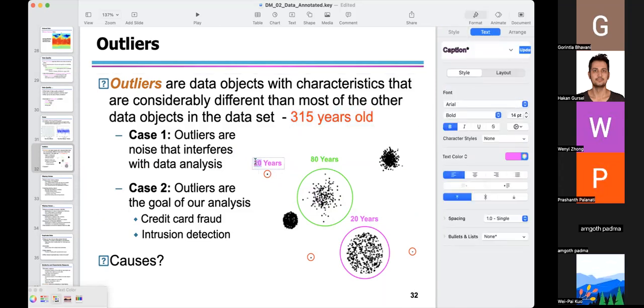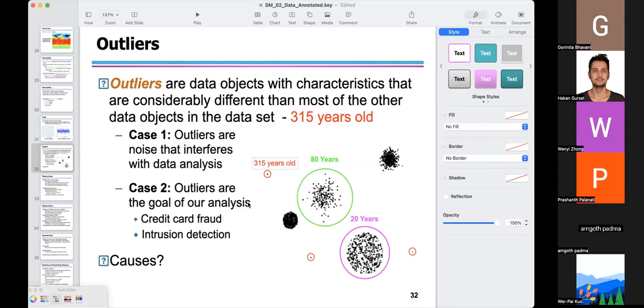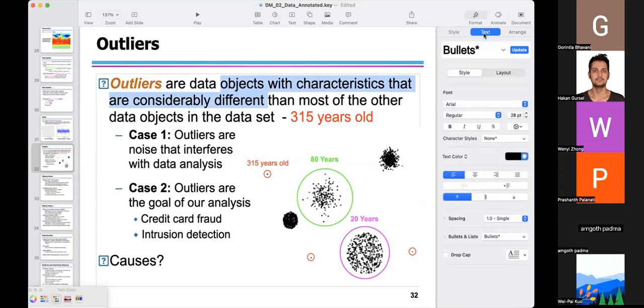It's called an outlier. If the guy is 315 years old, that's an outlier. So these are objects with characteristics that are considerably different than most of the other data objects in the set.